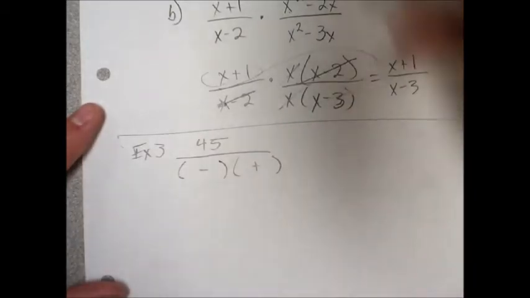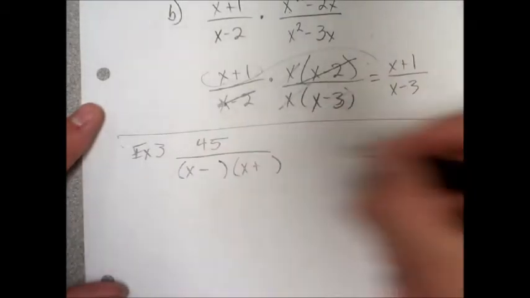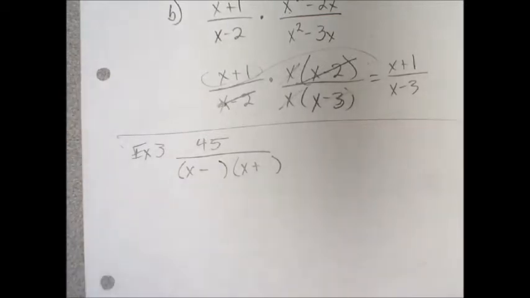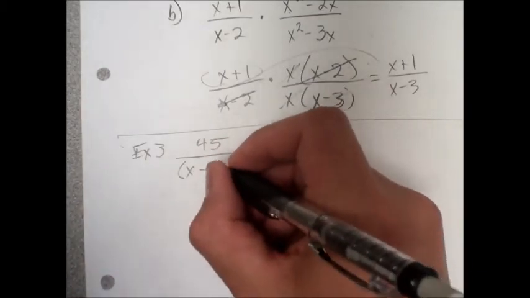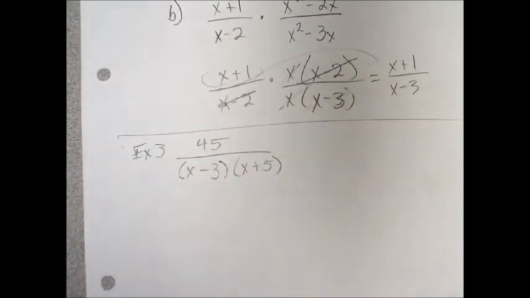I look at my front term. It's definitely going to be an x. Since my back sign is negative, and my number is 15, I'm looking for factors of 15 that, when subtracted, will give me 2: 5 and 3. So since my middle term is positive, I'm going to put my larger number with the positive, and there we go. So that one's factored.